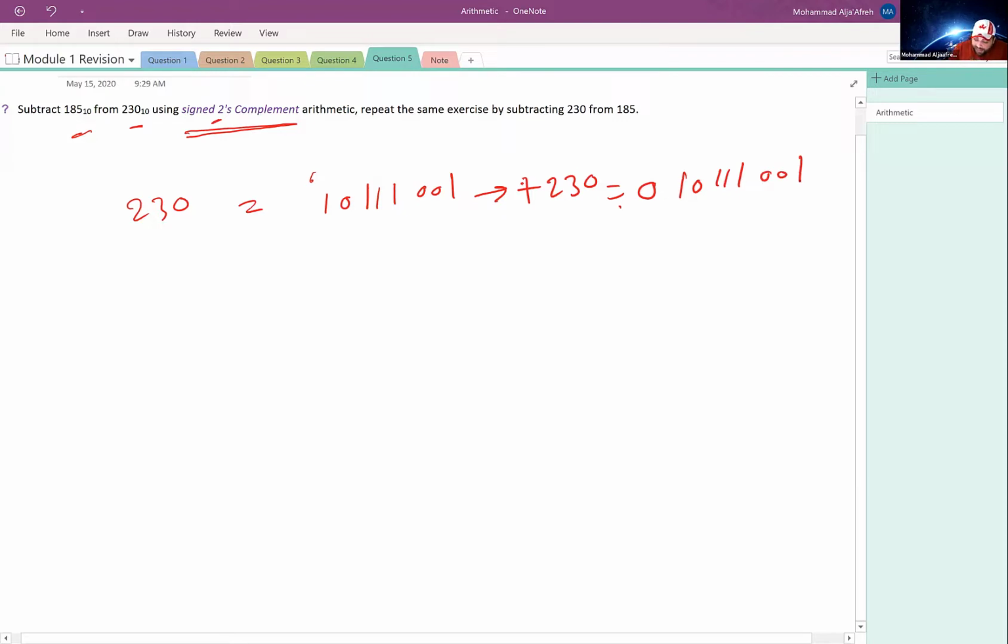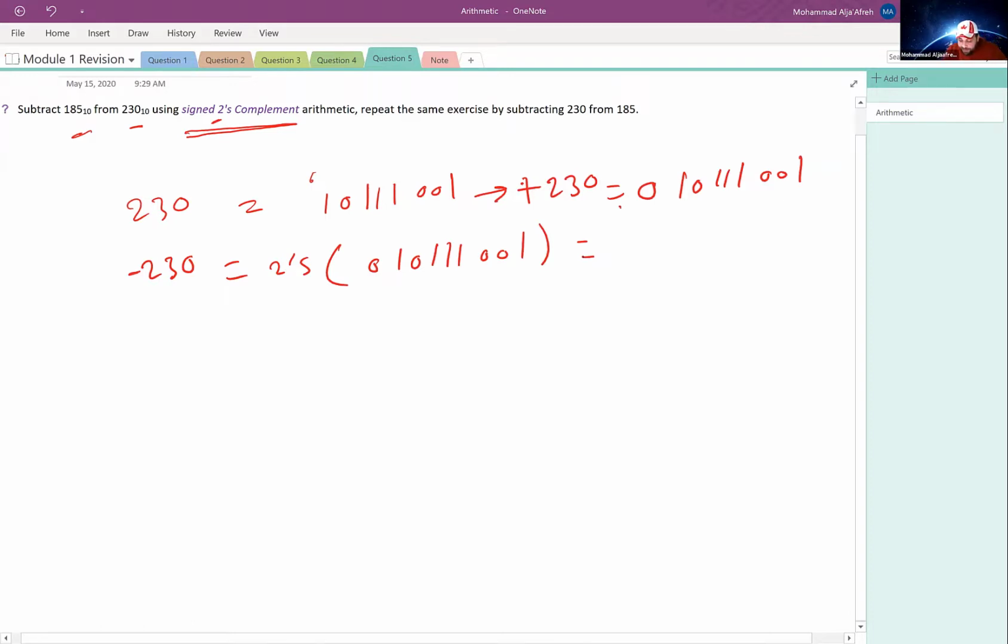Okay, and if I would like to represent the minus 230, what should I take? Just the 2's complement of my number here, which is 0 1 0 1 1 1 0 0 1. How to do that? How to get the 2's complement directly?